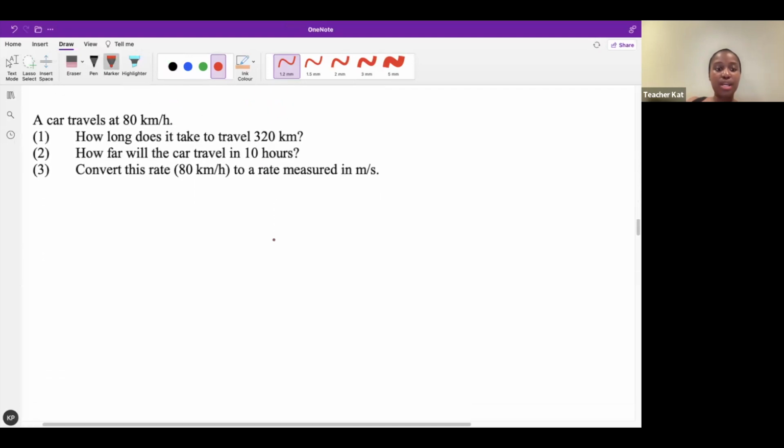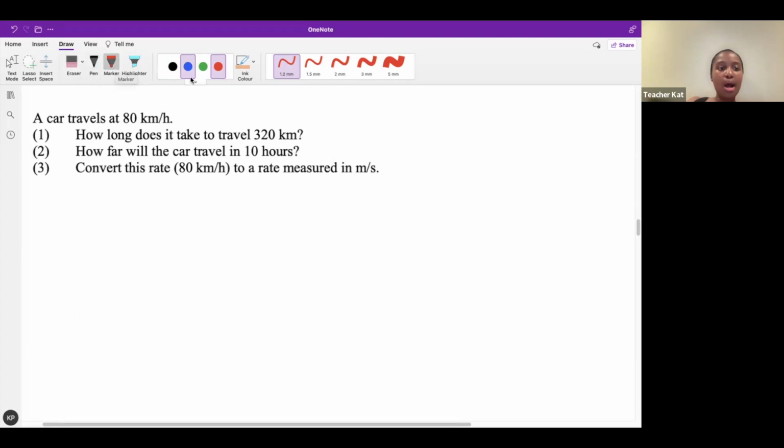A car travels at 80 kilometers an hour. How long does it take to travel 320 kilometers? How long does it take: are they asking for distance, speed, or time? They're asking for time. And my formula for time is distance over speed.